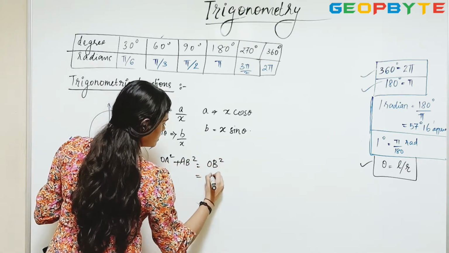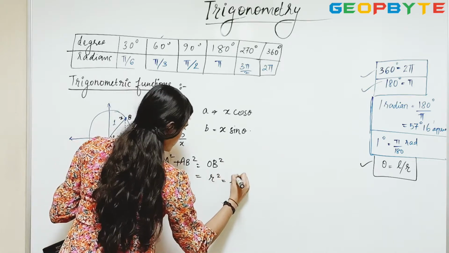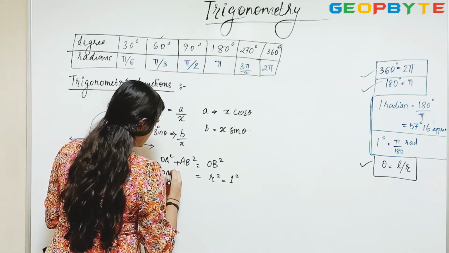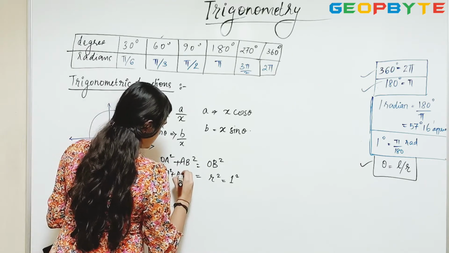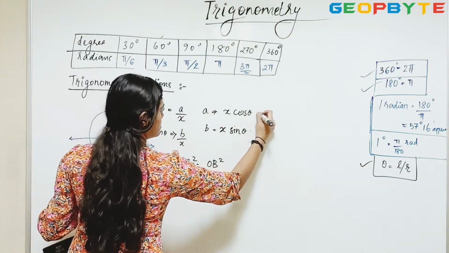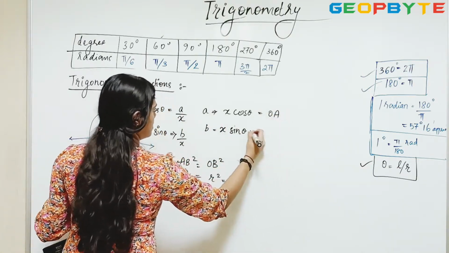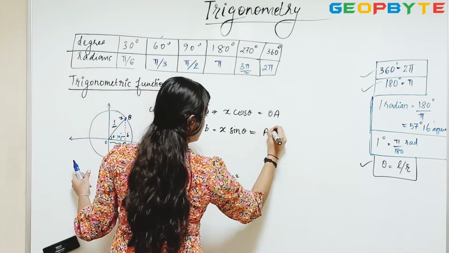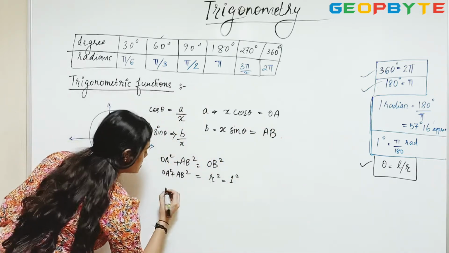What is my OB square? It is the R square. It is my 1 square because I have defined this as 1. This is OA square plus AB square. What is my OA square? OA square is my A. This is my A. And what is AB? AB is my B.